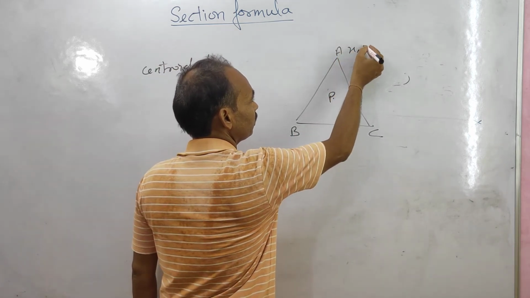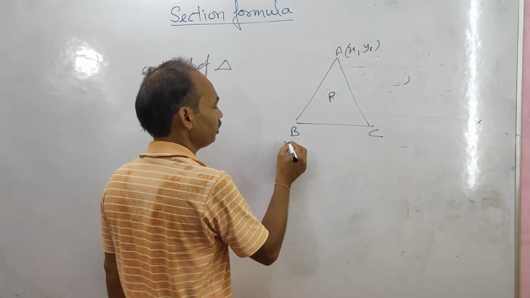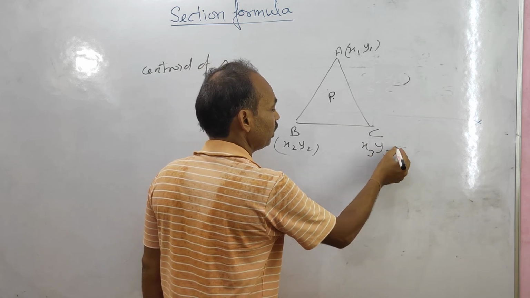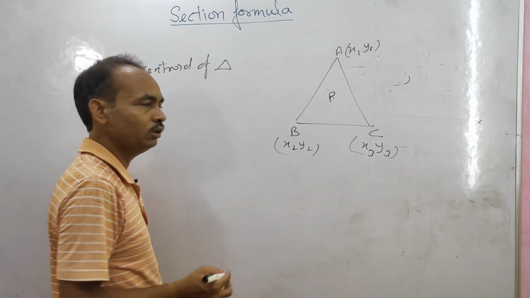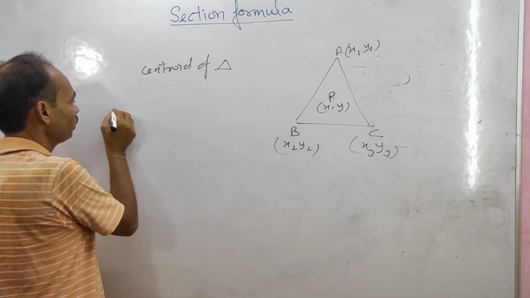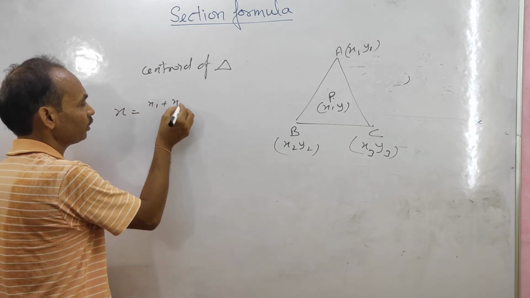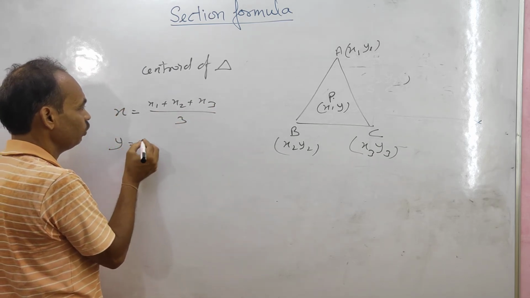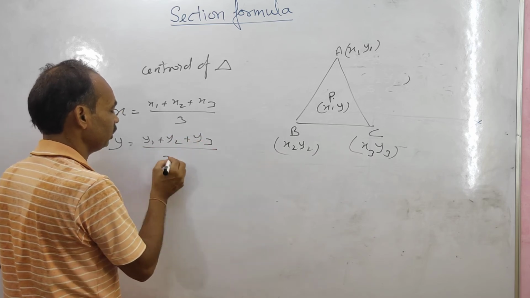If A has coordinates x1, y1 and B has coordinates x2, y2 and C has coordinates x3, y3, how can you calculate the coordinates x and y of P? To get the coordinates of the centroid, x is (x1 plus x2 plus x3) upon 3 and y is (y1 plus y2 plus y3) upon 3.